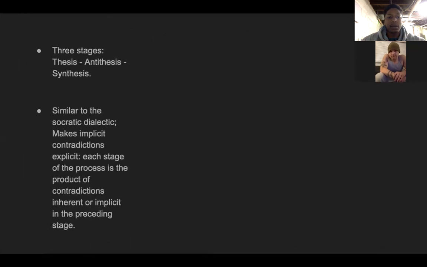But I skipped a couple of slides here. Similar to the Socratic dialectic, the three stages make implicit contradictions explicit, and each stage of the process is a product of contradictions inherent or implicit in the preceding stages.